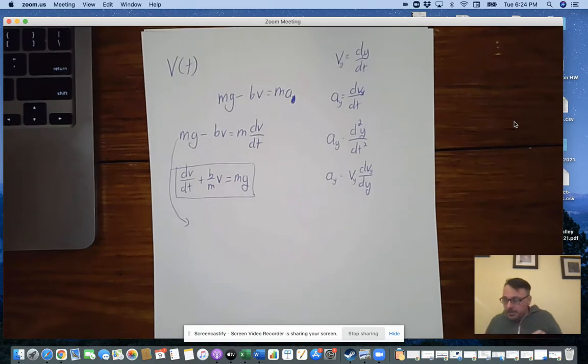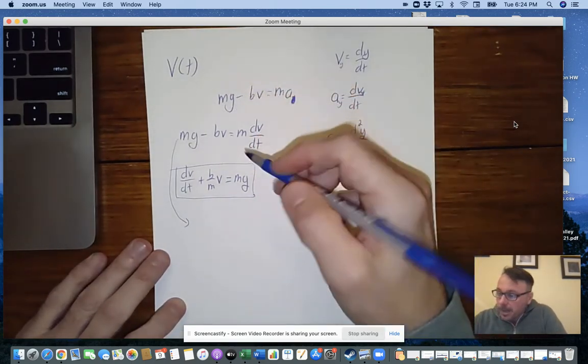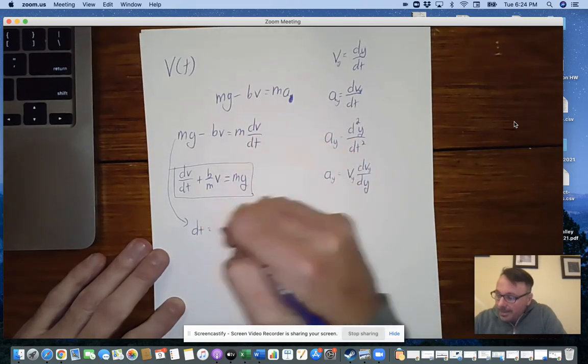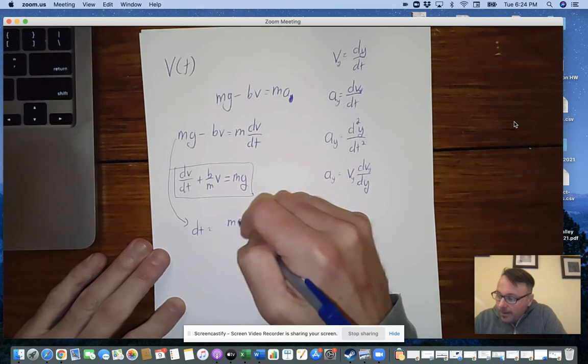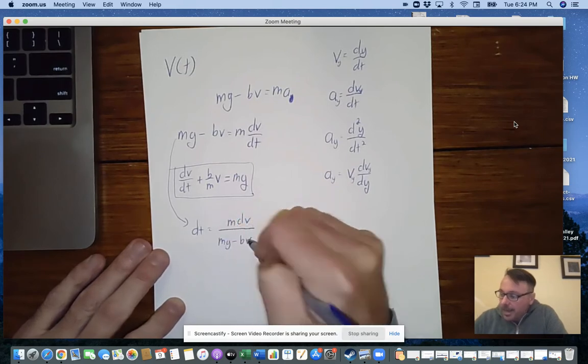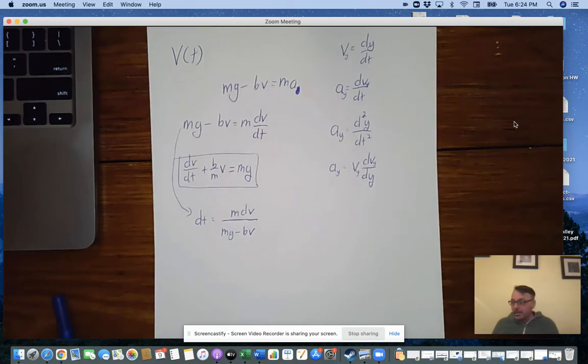What I want to do here is cross multiply. I'm going to take this dt and put that up here, and then I'm going to take the entire term, mg minus bv, and bring it down to the denominator. Now, there it is. It's not the nicest looking thing, but that's what that looks like separated.